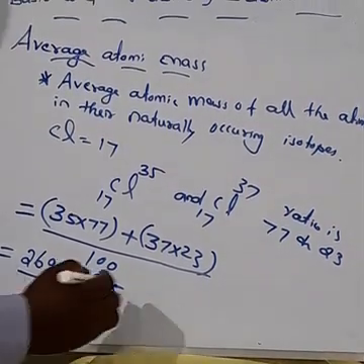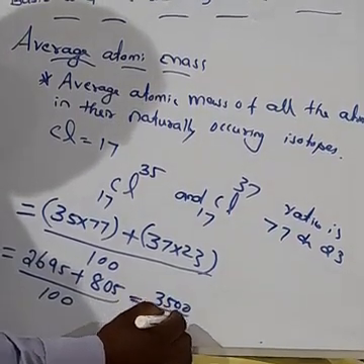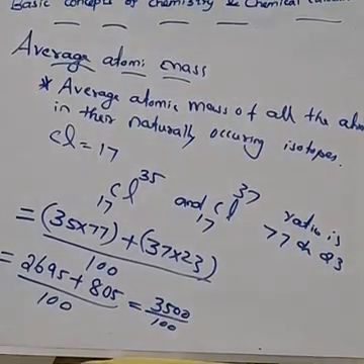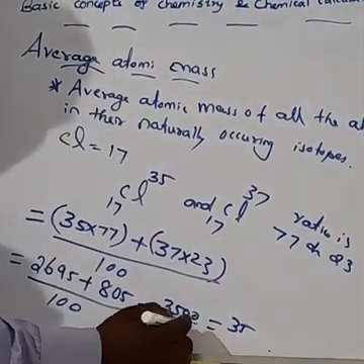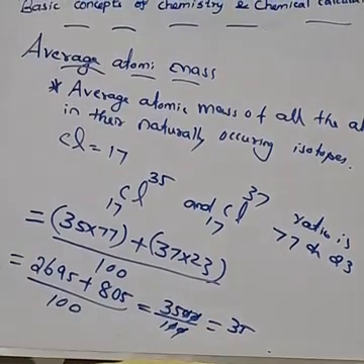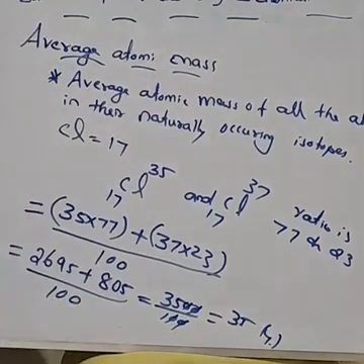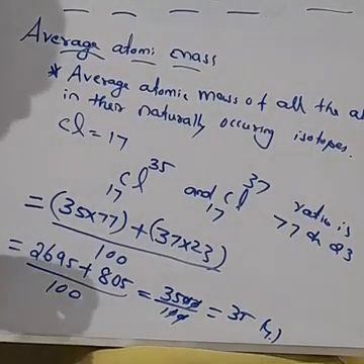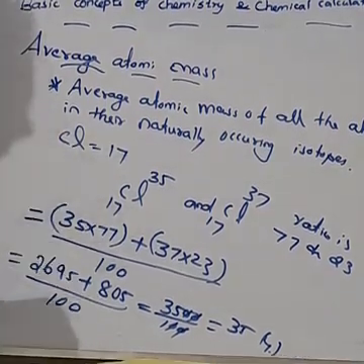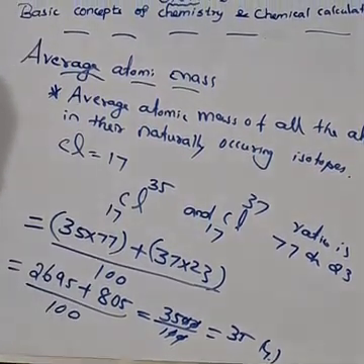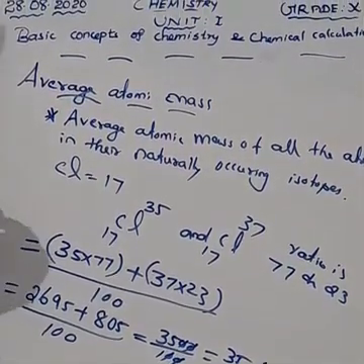That is approximately 3500 divided by 100, so we get approximately 35 u. What is u? Unified atomic mass. It's not an accurate value, some variation may be there, but you should write the right answer whatever your calculation.